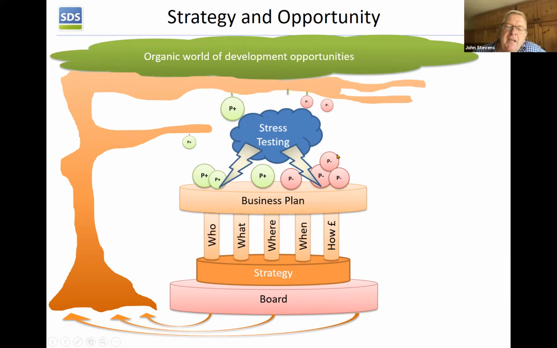So they ask your finance director to look at your business plan and say, what if costs change radically? What if income reduced radically? Are you still a sustainable business? So your business plan is also stress tested. And it might need some additional support, and that's why stress testing takes place.